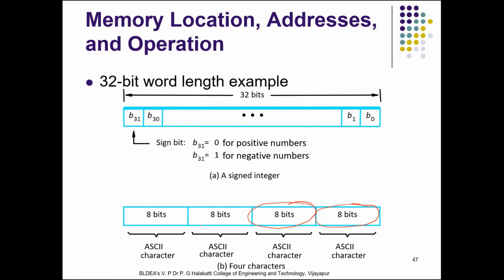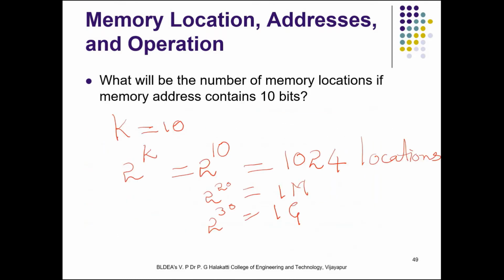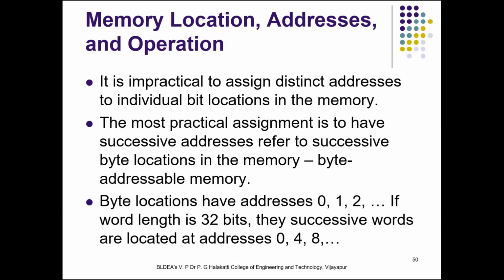I can go on giving byte addresses as 0, 1, 2, 3. Now if I want to access a character located at a location, I can directly say access the character stored at memory address 1. So we prefer byte addressable memory.